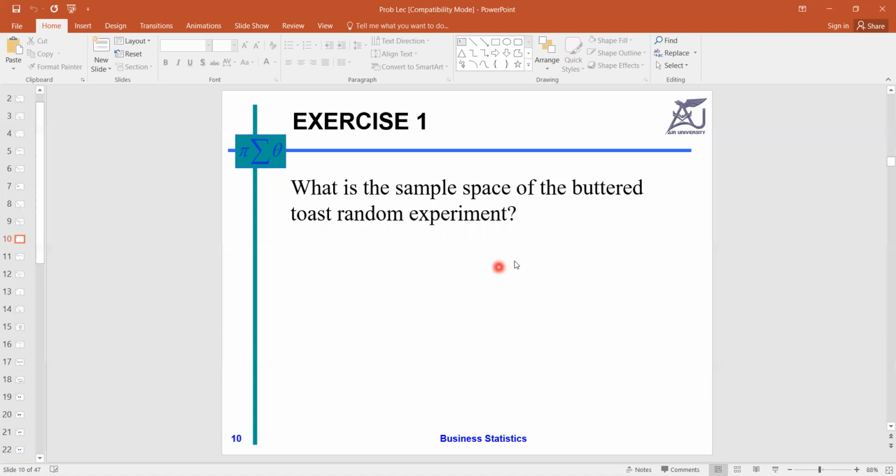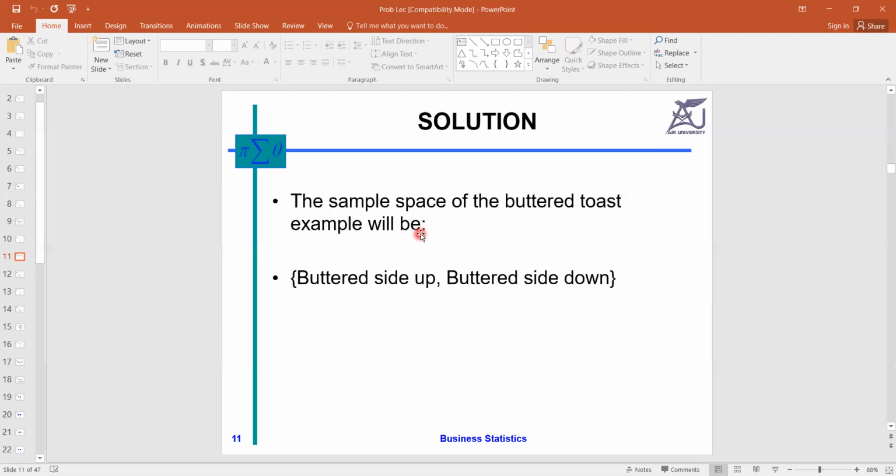So this is a simple exercise for you. What is the sample space of the buttered toast random experiment? Let us see what it can be. The sample space of the buttered toast random experiment will be butter side up and butter side down. So it has only two possible outcomes.